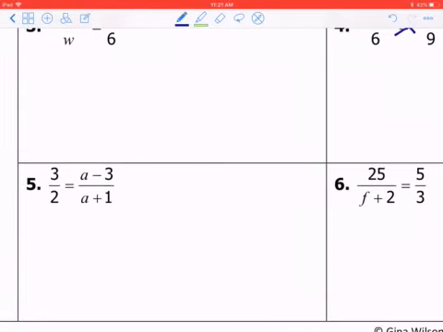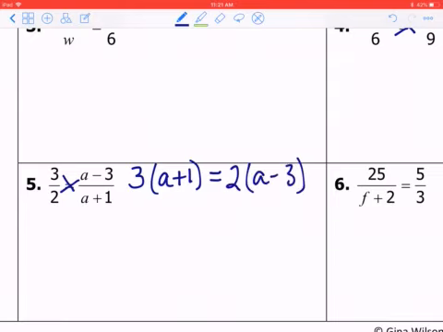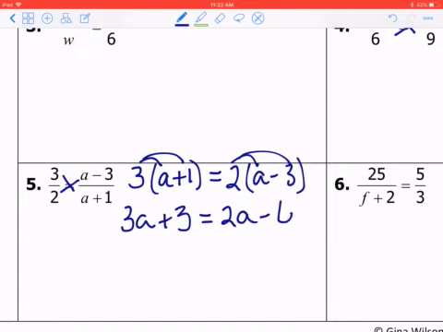All right, so let's cross multiply. We have 3 times a plus 1 equals 2 times a subtract 3. Distribute to give you 3a plus 3. Distribute again, and you'll have 2a subtract 6.